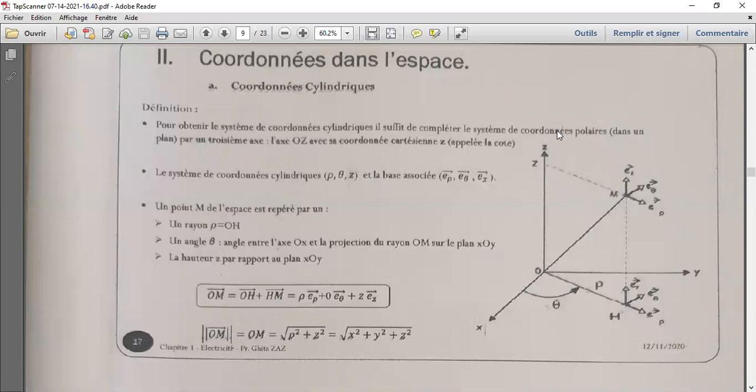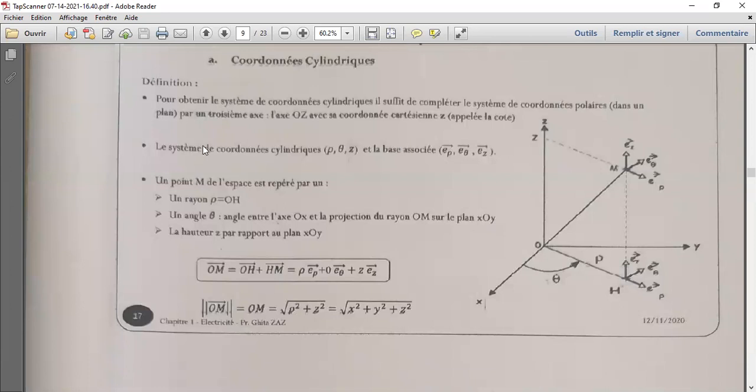So you just add the z, and that's why they're saying the cylindrical coordinate system is rho, theta, and z. The system of cylindrical coordinates is defined by rho, theta, and z. What I want you to pay attention to is that in 3D coordinates, they are divided into two types.